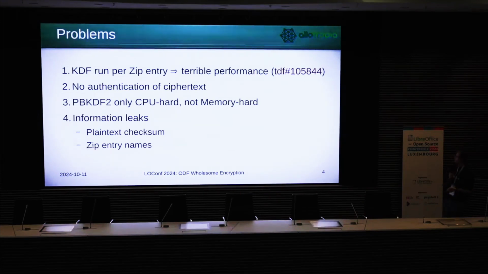The second problem is that the ciphertext that is stored is not authenticated. The problem here is that an attacker could modify the encrypted document in such a way that when you decrypt it, you don't notice it has been tampered with.